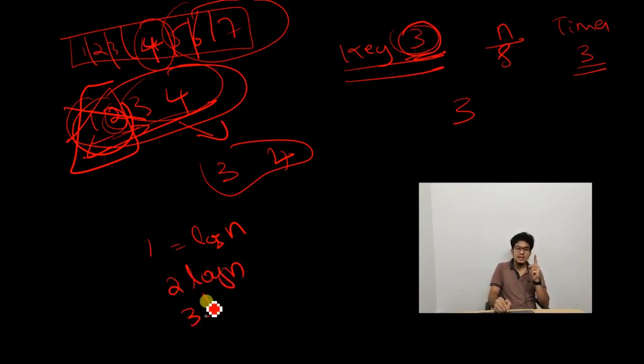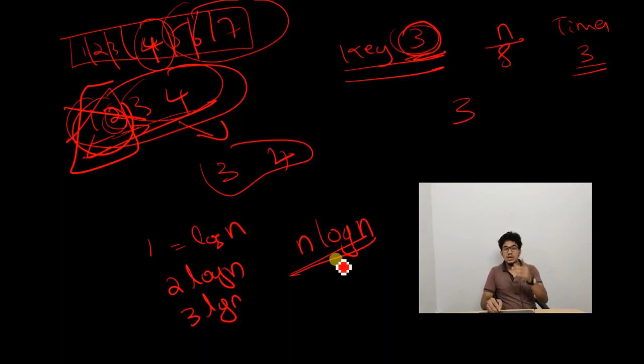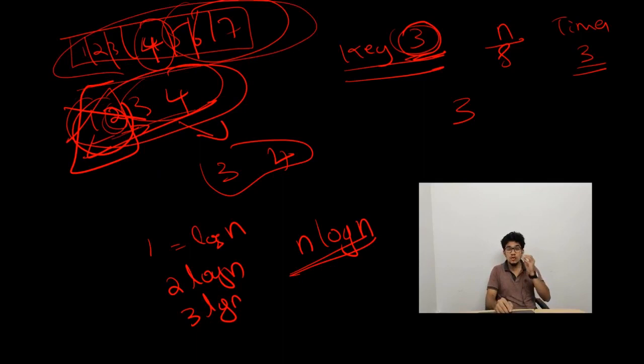For 3 elements it is 3 log n. For 4 elements, 4 log n. For n elements it is n log n. Here, if the array size is n, you have to find the correct position of n elements. If you want to find the correct position of n elements, then it is n log n.